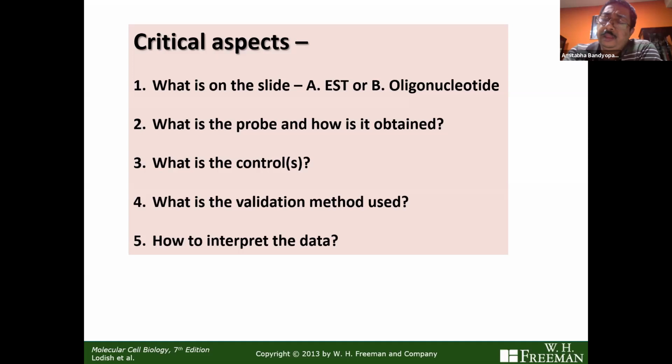Now, in the literature, I often see that the validation method people use is quantitative RT-PCR. I'm sure it has its own merit, but this is also a hybridization-based process.